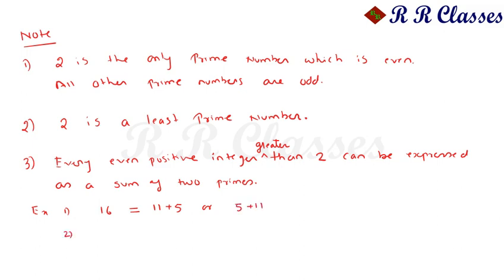Then another example, 24. I can write 24 as 17 plus 7 or 7 plus 17. Example 3. 92 is equal to 89 plus 3 or 3 plus 89 and so on.